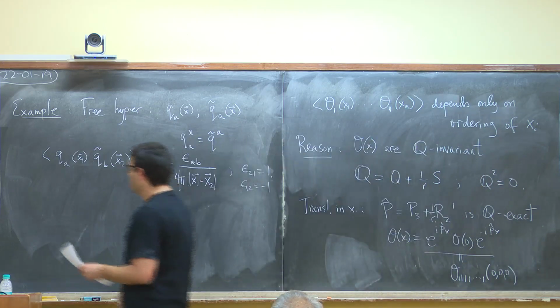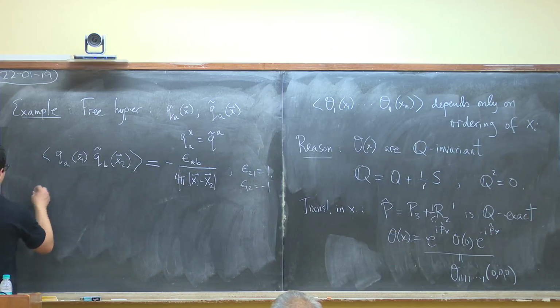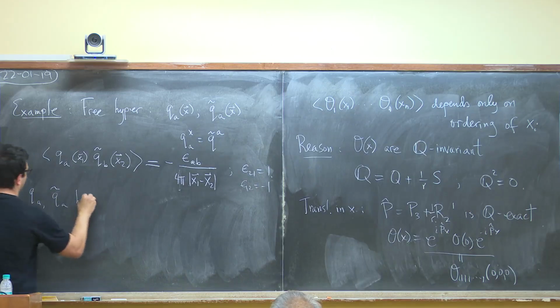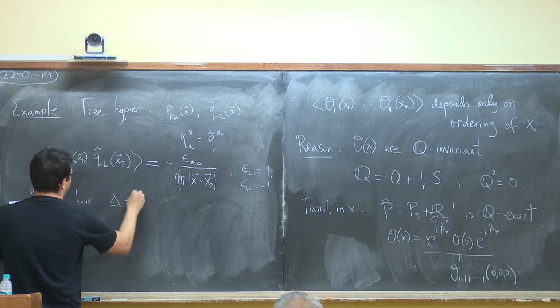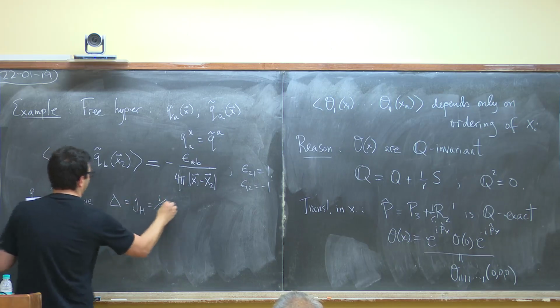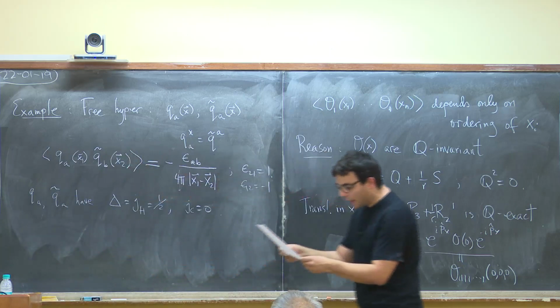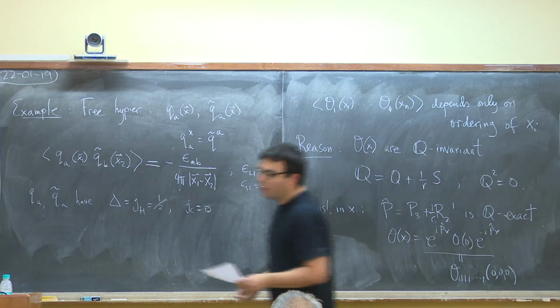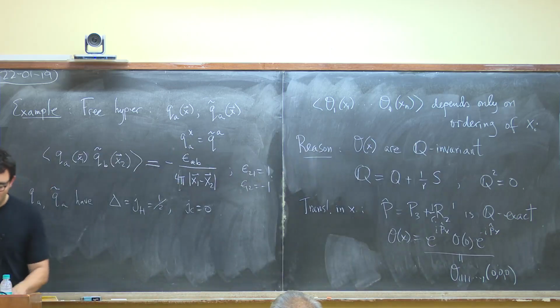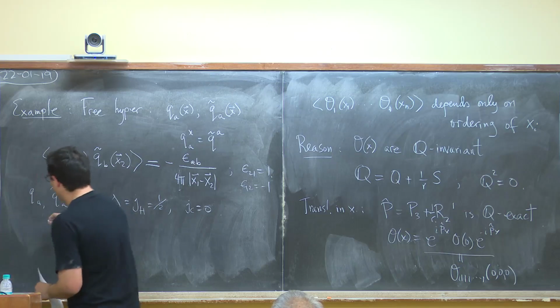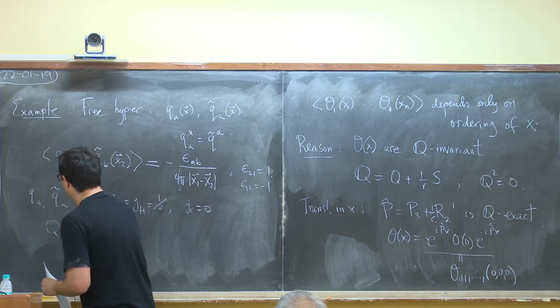So the reason why this is an example of the construction before is that both q a and q tilde a have dimension equal to jh equals 1/2, and jc is 0. So they are the type of 3D operators that I can use in order to make these twisted operators, which I will write as Q of x.